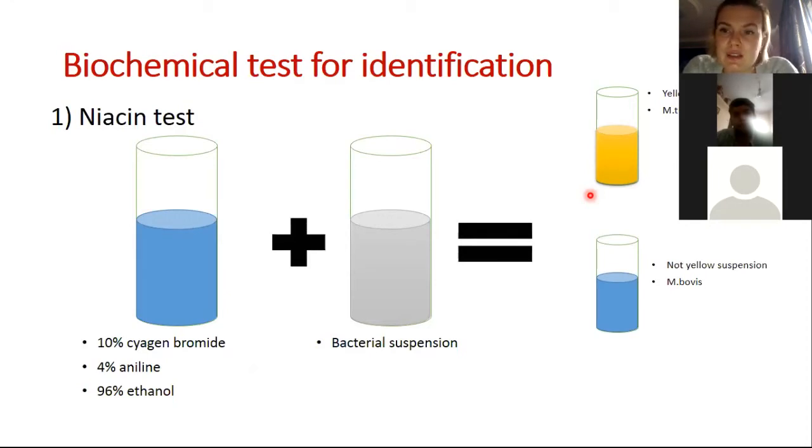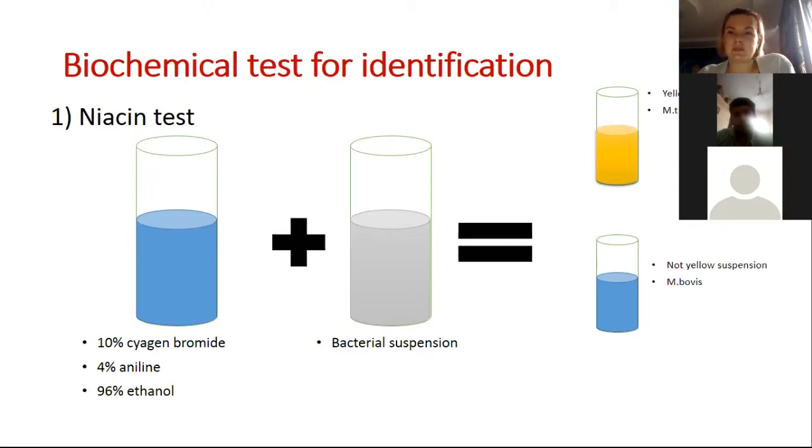The first tube contains these reagents: 10% sodium bromide, 4% aniline, and 96% ethanol. You add this solution to the bacterial suspension. After incubation, you should check the color change of the solution. If it turns yellow, this is Mycobacterium tuberculosis. If the suspension doesn't change color, it is Mycobacterium bovis.